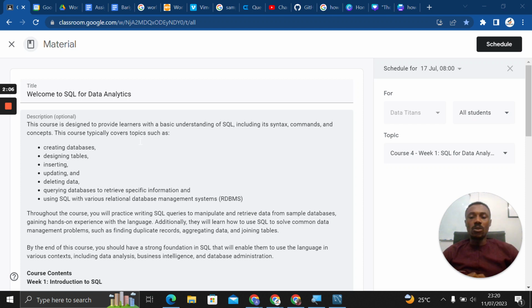We'll focus specifically on how to create databases and how to design tables, that is, creating and modeling, connecting tables together in MySQL. We shall also look at how to insert, update, and delete data. Then the core aspect of this course will be querying databases to retrieve specific information.